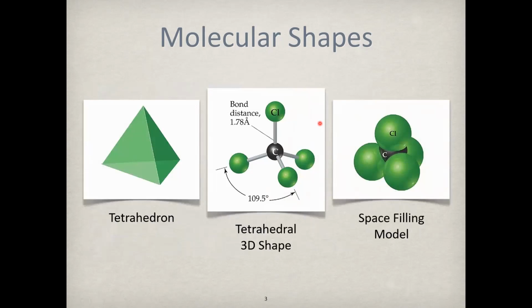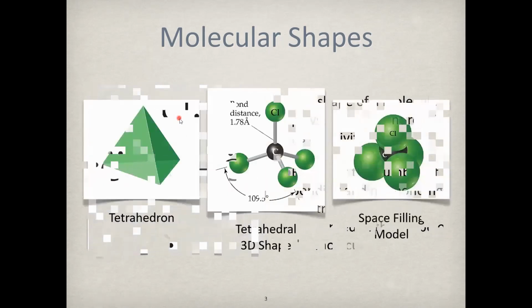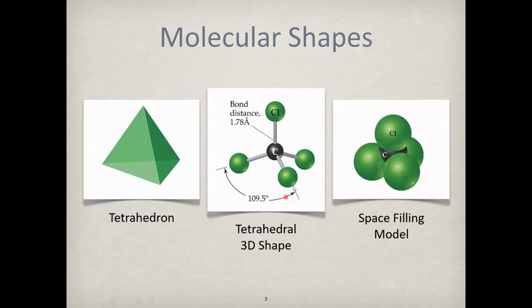And like I was saying, the Lewis structures do a good job of showing, if we go back for a second, the arrangement of atoms, what's bonded to what, and where the electrons are distributed, but they don't give us a true representation of what this molecule would look like. Because if we look at something like carbon tetrachloride here, it looks like it's going to be a T shape, but that's not actually going to be the case. What we're going to see is something similar to what we have here, what we're going to refer to as a tetrahedral structure.